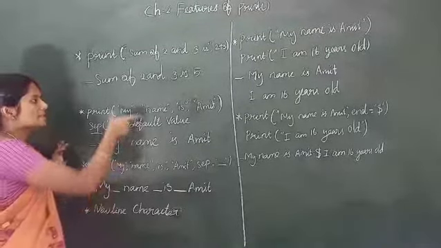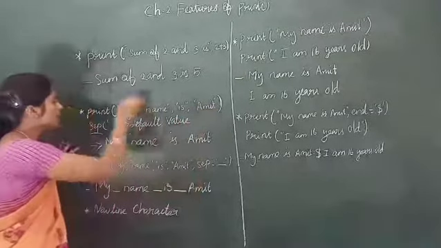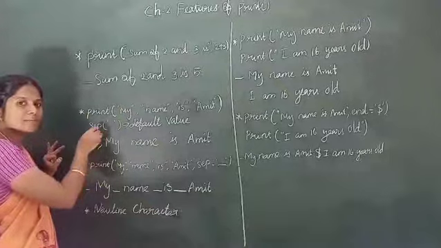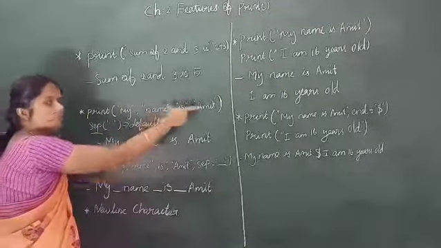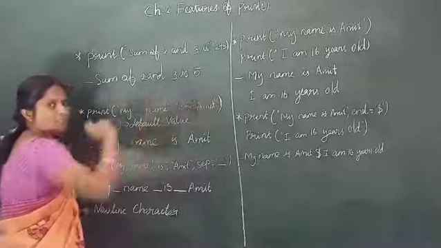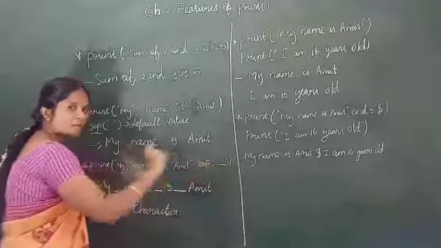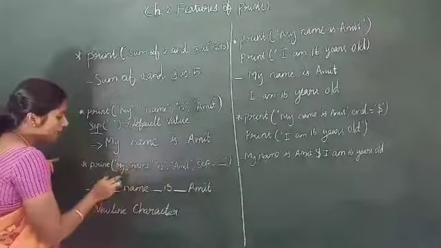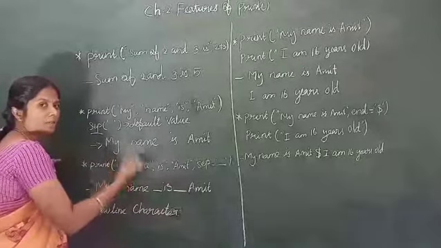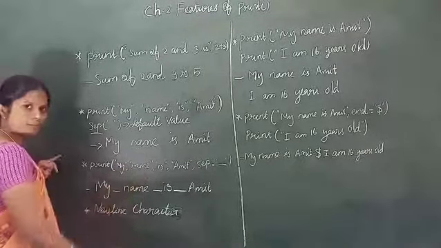Here we have not specified the separator value, so Python will automatically take the separator and provide a single space between the items of the print function. Here we have specified the separator value as a slash, so it will take the slash value and include it between the items too. Are you clear about this?